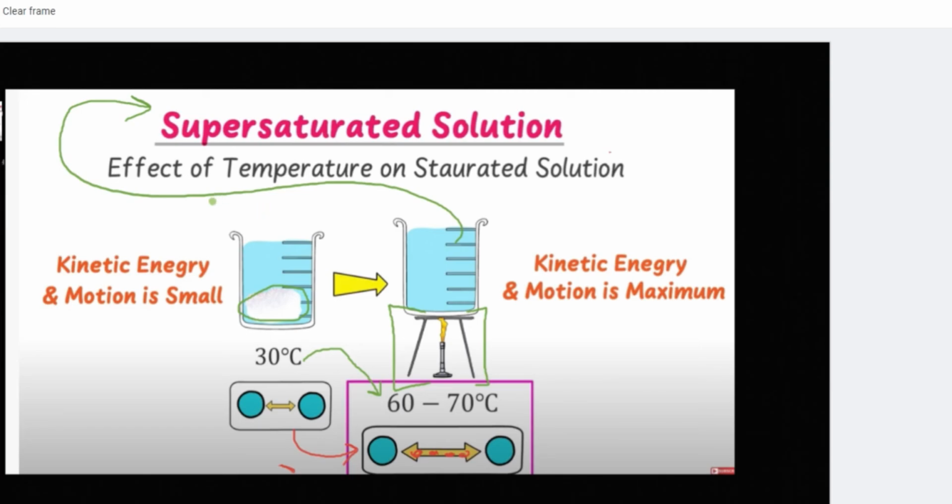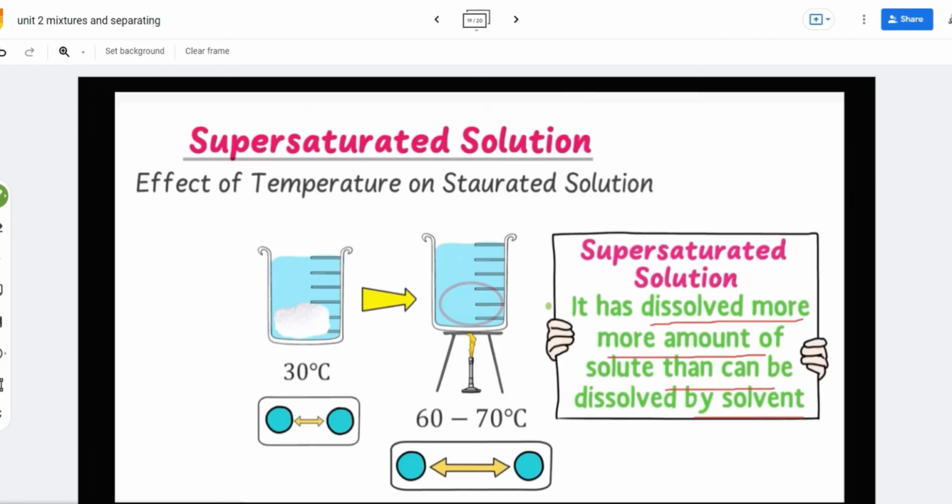A supersaturated solution is a solution which has dissolved more amount of solute than can be dissolved, more than its capacity.